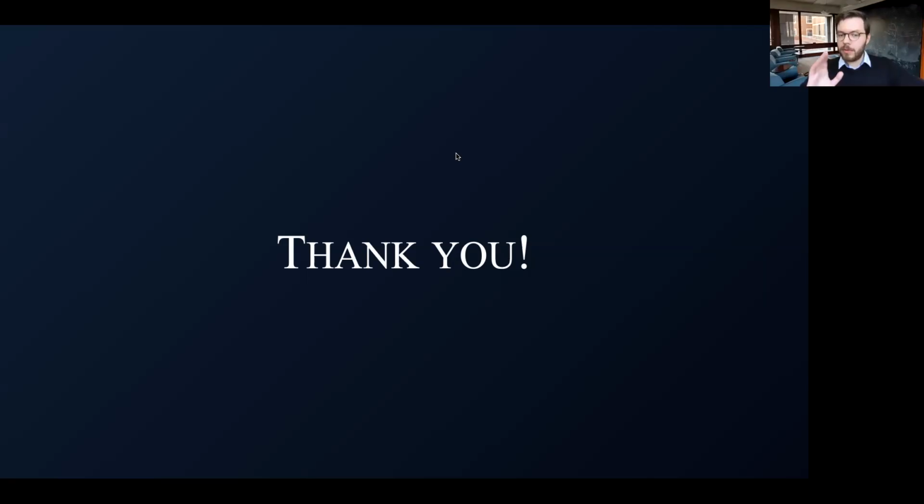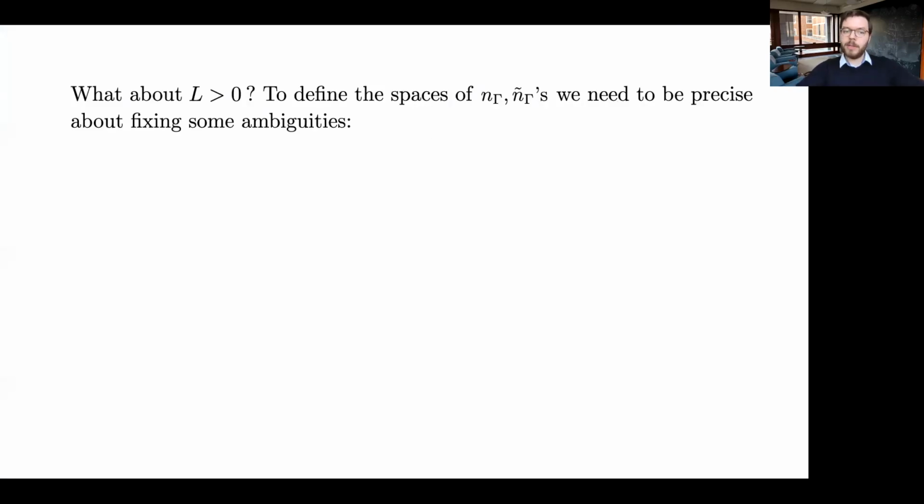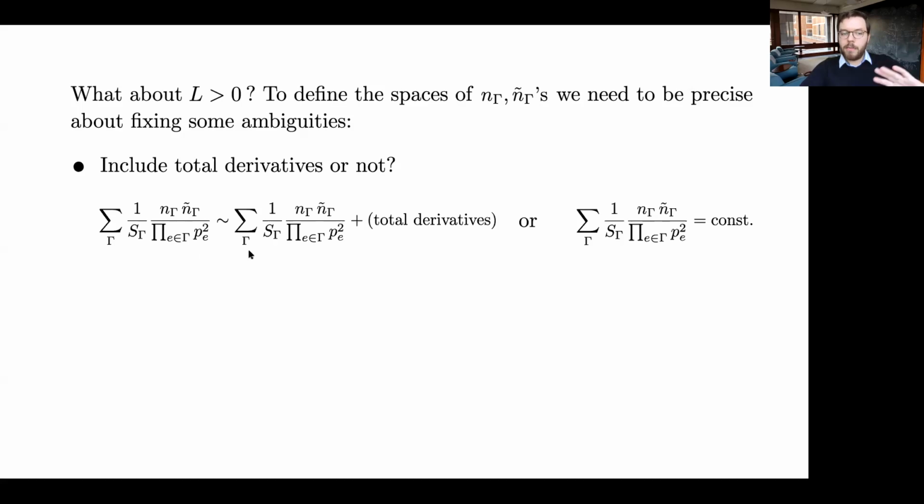It's a wonderful question, and as a matter of fact, it does propose a resolution. So let me briefly talk about it. First of all, we wanted to be very precise about the space of numerators, so we need to resolve some of the ambiguities. And one of them is whether to consider total derivatives or just make this an actual constant, and that's what we're going to do.